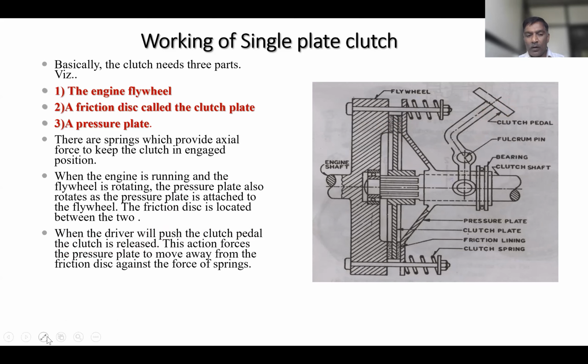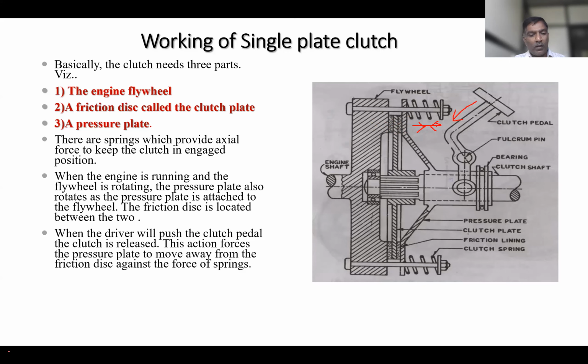So if external force is applied, or this clutch pedal is pressed in this direction, what will happen? These springs will compress, and once these springs are compressed, this friction plate is not under the external force.